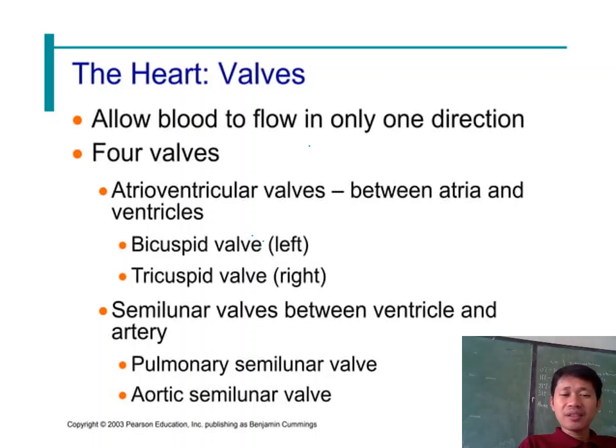The other ones are the semilunar valves between ventricles and arteries, examples of which are the pulmonary semilunar valve and the aortic semilunar valve. So these are the four major valves: the mitral, the tricuspid, the pulmonary, and the aortic valve.